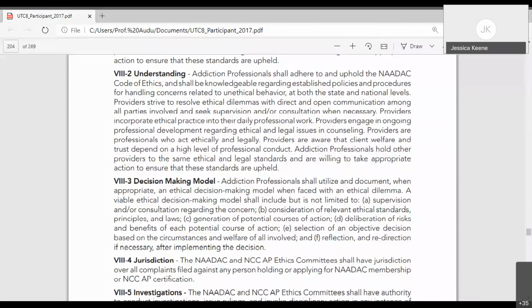Providers strive to resolve ethical dilemmas with direct and open communication among all parties involved and seek supervision and or consultation when necessary. Providers incorporate ethical practice into their daily professional work. Providers engage in ongoing professional development regarding ethical and legal issues in counseling.